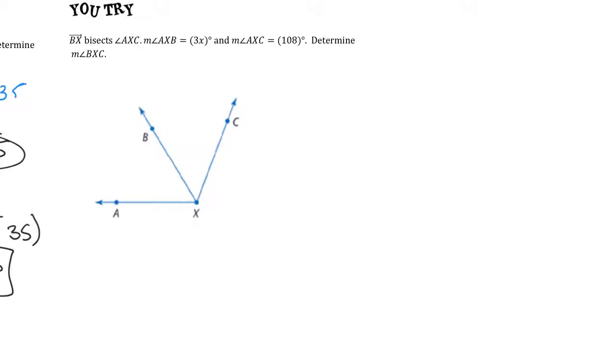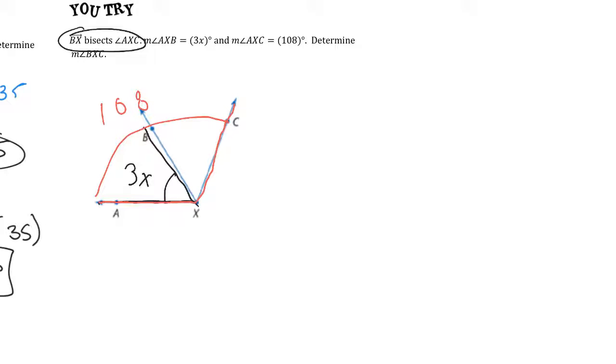So I'm going to label these first. AXB, A to X to B, is 3x, and AXC, now be careful here, A to X to C, that is the whole angle, is 108. Determine angle BXC.